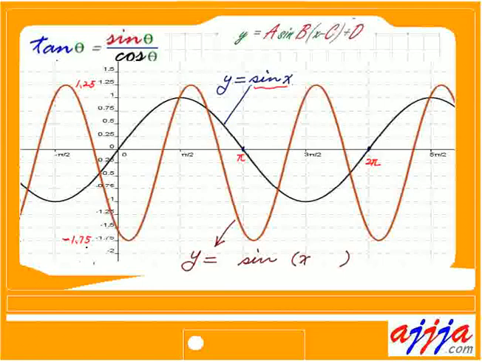Divided by 2, so 1.5. That's 3 over 2, that's A. Then we have to find the middle point.